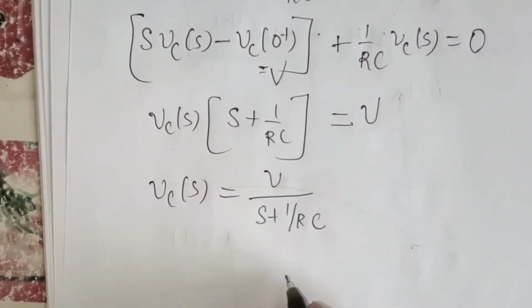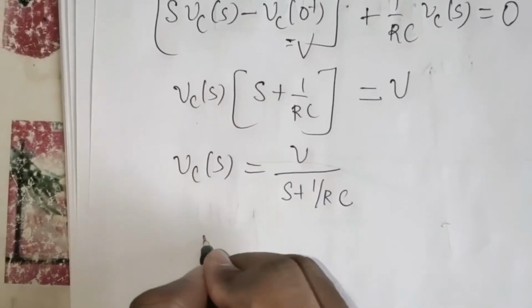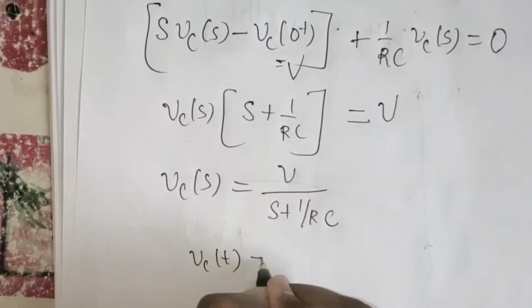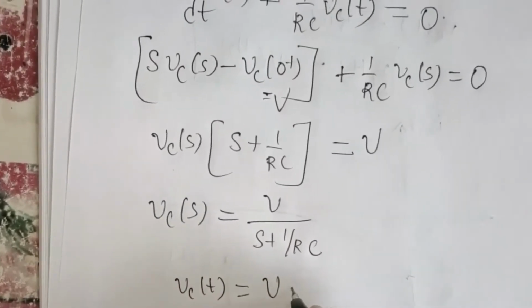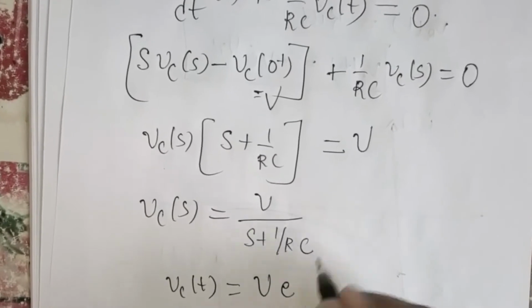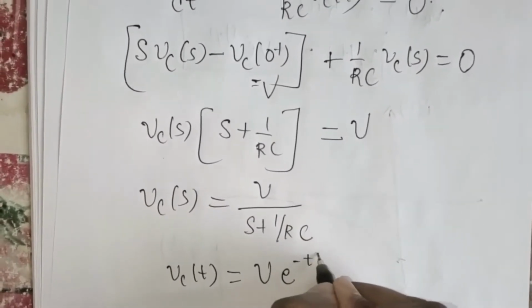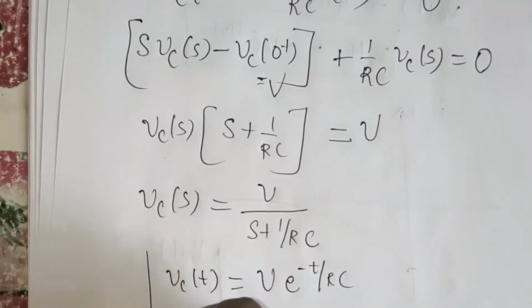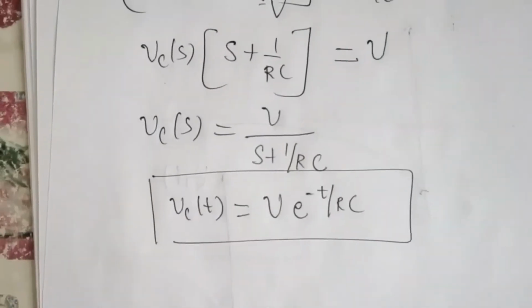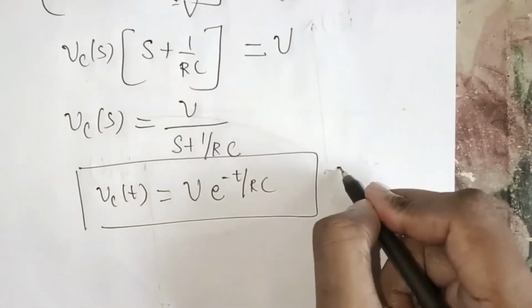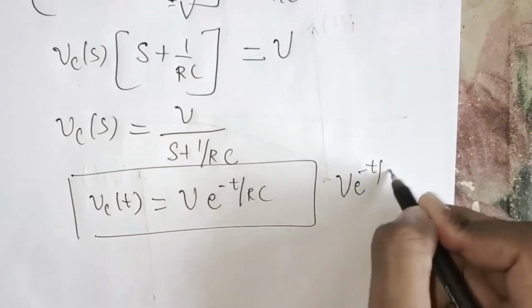Applying inverse Laplace transform, Vc of t is equal to V into e power minus t by RC, or I can write that as V into e power minus t by tau.